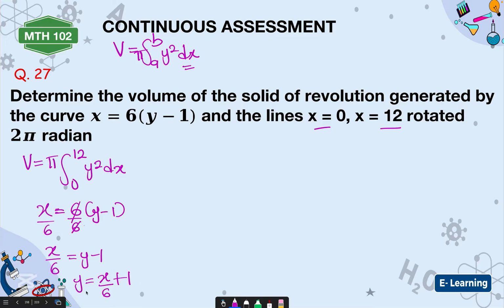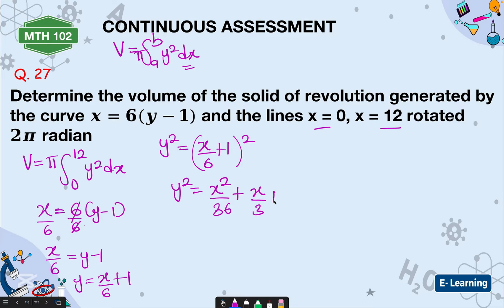So this is our y. What do you think our y square will now be? Our y square implies that we'll square both sides. So x over 6 plus 1 square. Alright, my dear student, if you expand this using our normal expansion, I don't want to go into that, this will give us x squared over 36 plus what? x over 3 plus 1.